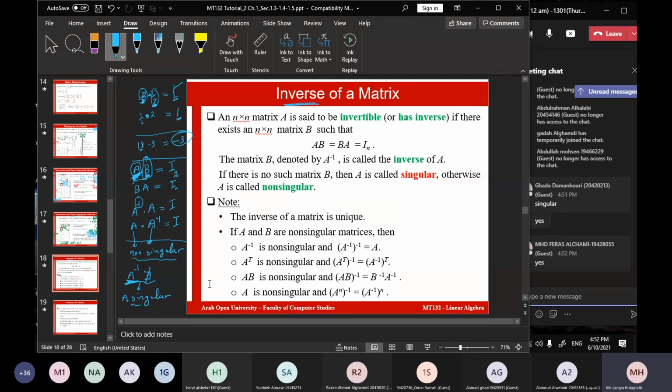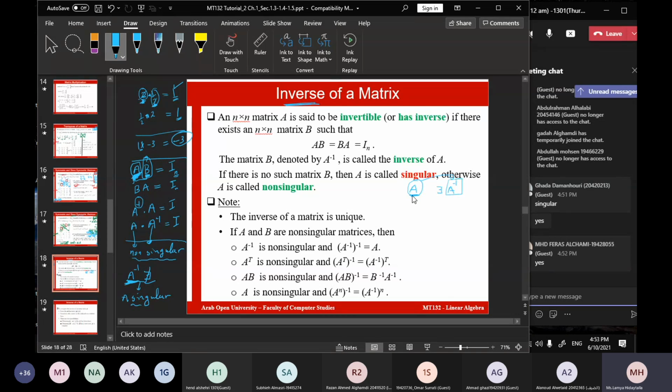Now, moreover, if we start from a matrix A, and for this matrix we find that the inverse exists, meaning A inverse exists, then A is a non-singular matrix. If A is non-singular, it has an inverse, and this is its inverse. Of course, this is now a matrix.